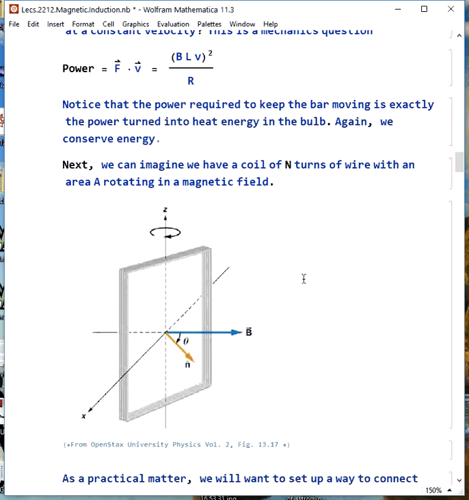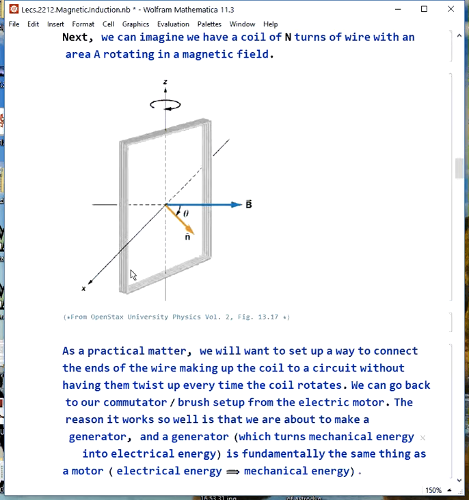Now, another example you see in every intro book. Let's imagine we have a coil of N turns of wire, area A, rotating in a magnetic field, so it's going around and around like this. We're going to want to set up a way for the wires coming off of this coil, we should have two wires coming off of this coil.